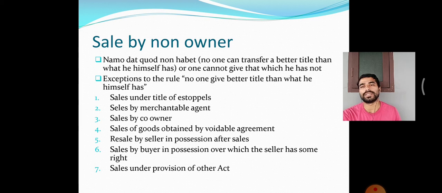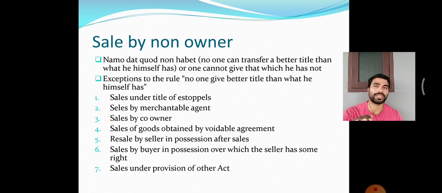Then, sales by buyer in possession over which the seller has some right. Again, let me exemplify. Suppose the buyer has not paid the full amount, so the seller has a right of lien here.